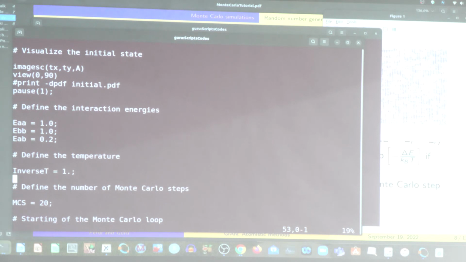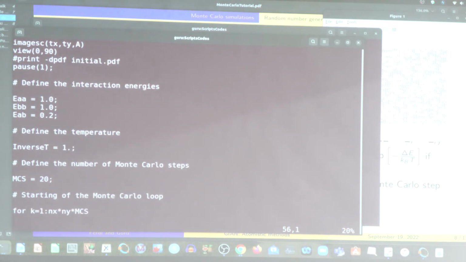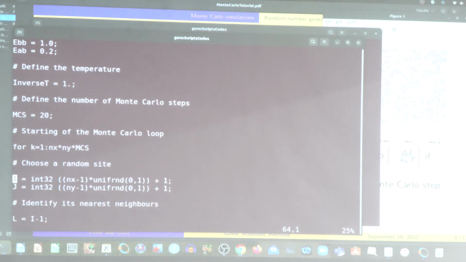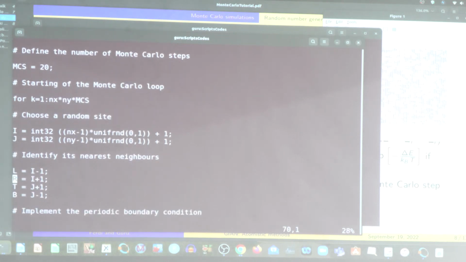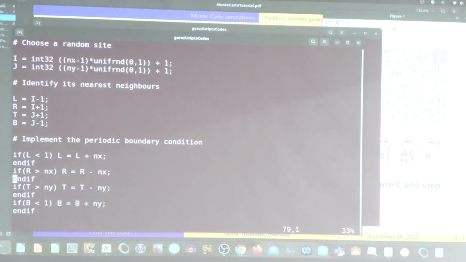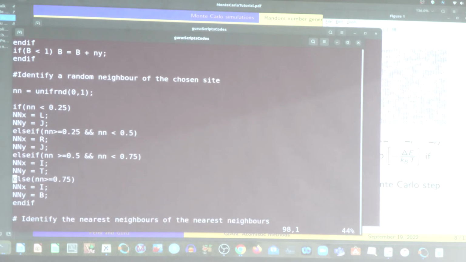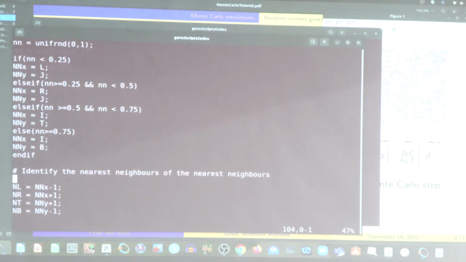So, inverse temperature of 1 here and 20 Monte Carlo steps, and I go NX, NY, MCS, choose a random site, identify the neighbors, implement periodic boundary condition, choose a random neighbor, choose a number between 0 and 1, 0.25, 0.5, 0.75, 1, depending on that it will choose which neighbor to exchange with.